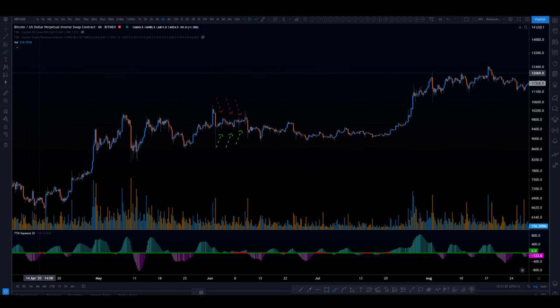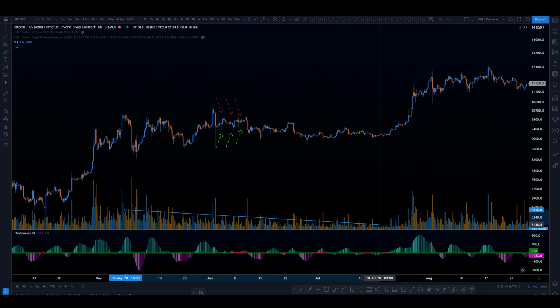So, for example, in this price action from May to August in 2020, we can see that the volatility decreased over time, and the volume, as you can see here, also decreased over time.